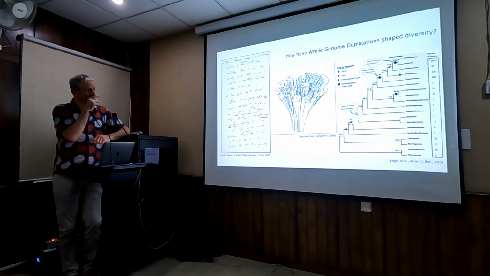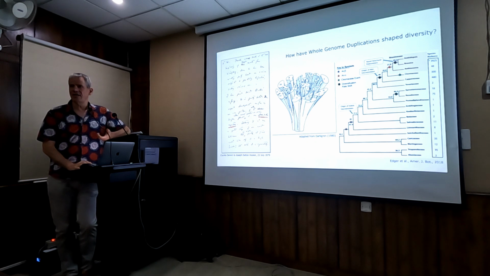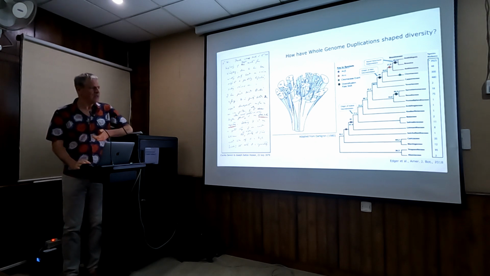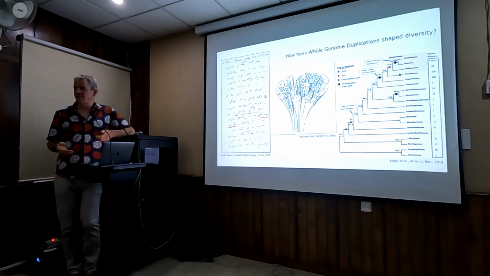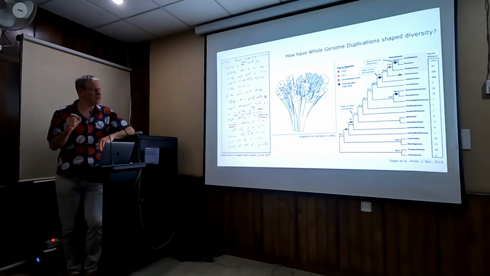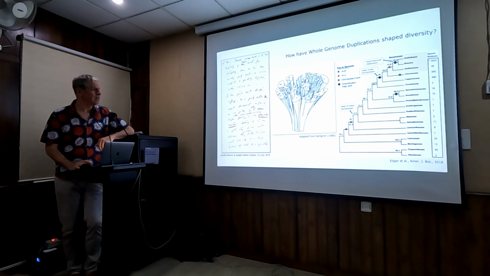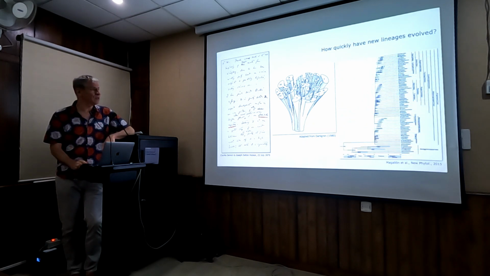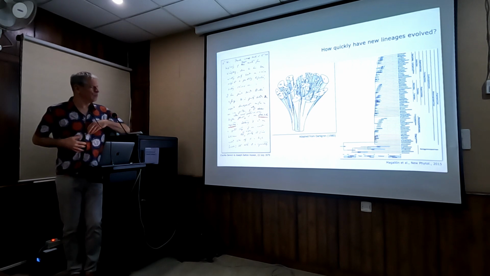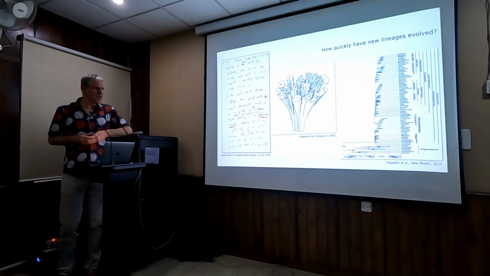This is an example from a paper on Brassicaceae, the mustard and cabbage family, where it has been demonstrated that whole genome duplications are very well correlated with important evolutionary advances in this family, and also for angiosperms in general.